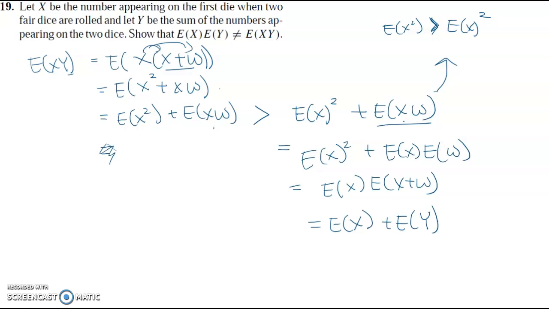So there we go, we have just proved that the expectation of xy is not the same as the product of those two.